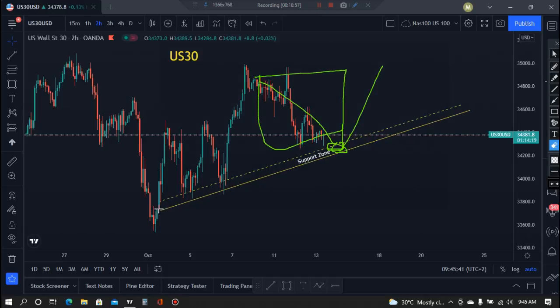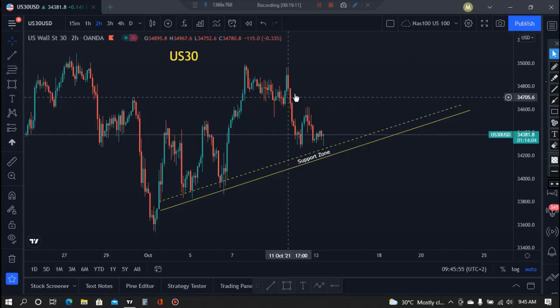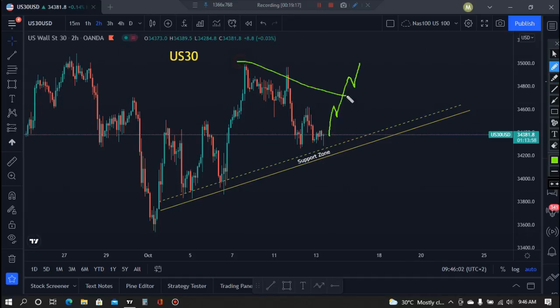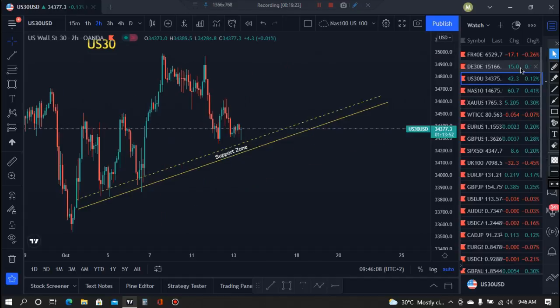So I expect that push, and maybe later on when we get the Fed interest statement, that will be positive, or maybe in favor of indices. Then maybe they will push a little bit higher, because they've been pushing lower and lower. So I expect maybe that will be in favor of some of the indices that we trade, you see.